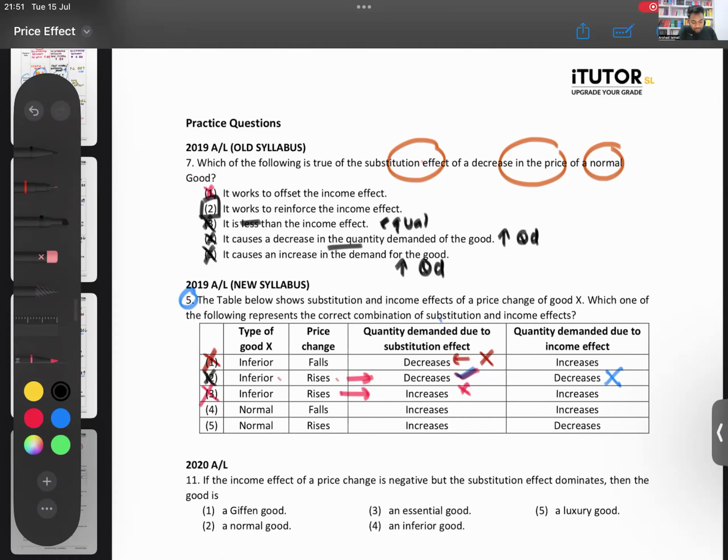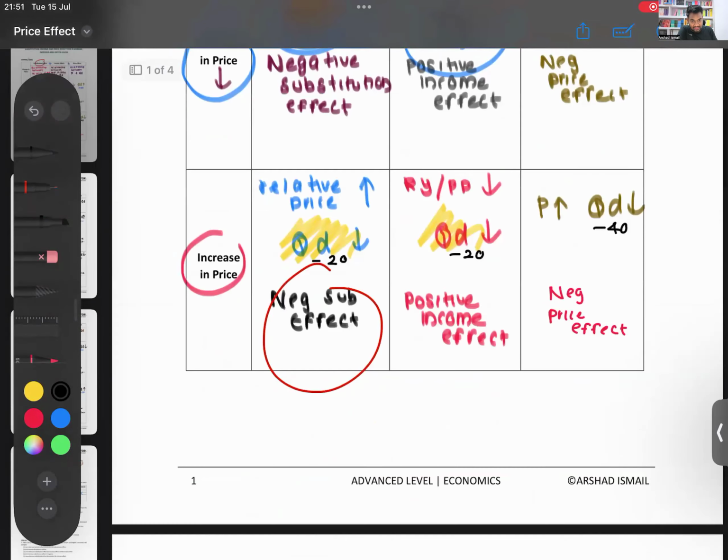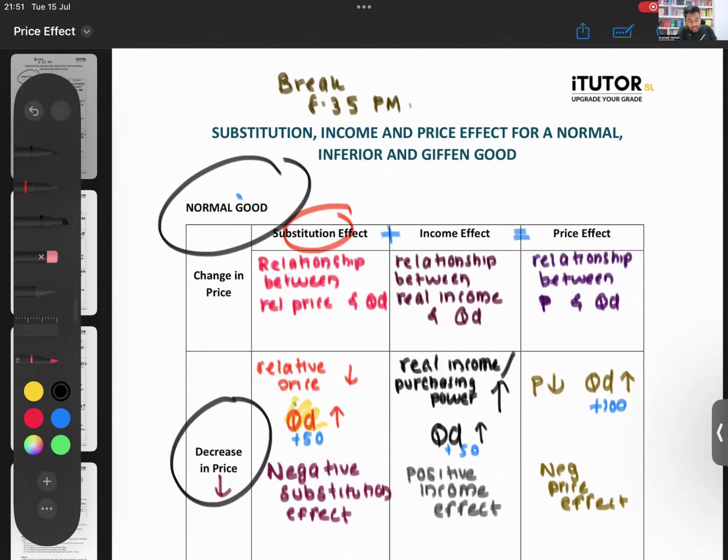Normal good price falls. That is our very first one. See, based on the substitution effect, does the QD increase? Based on the income effect, does the QD increase? Yes or no? Based on the substitution effect, QD is increasing.